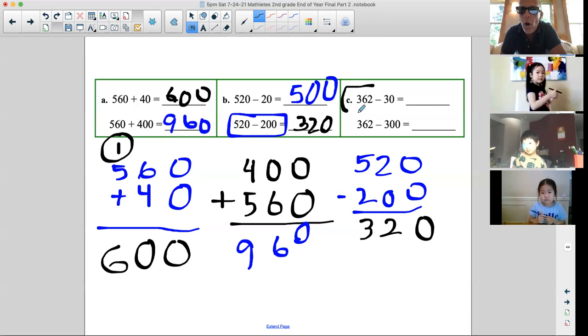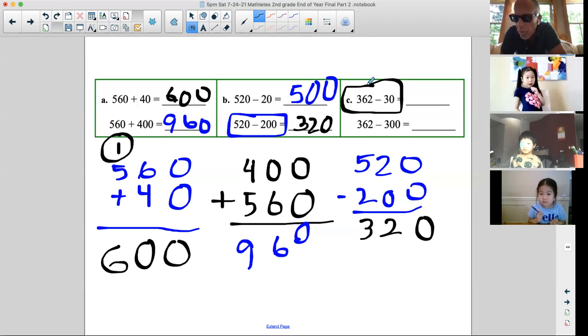Now, the hardest one we've done so far is this one right here. 362 minus 30.